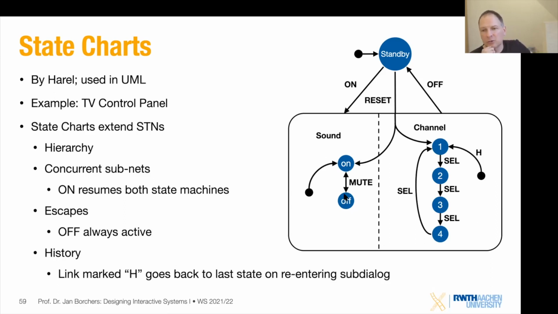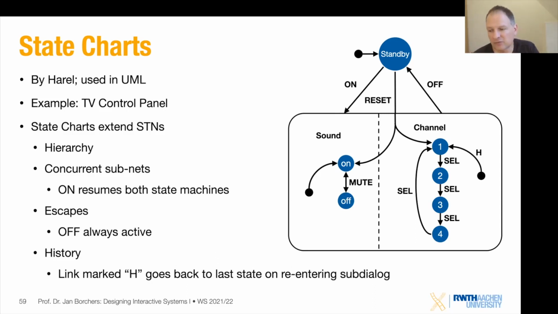This is similar to what we did with our checkboxes for bold and italics, right? We could operate both of them independently in parallel, and that's the power of parallel concurrent state subcharts or subnets that state charts feature, and that they kind of make them a little akin to Petri nets.